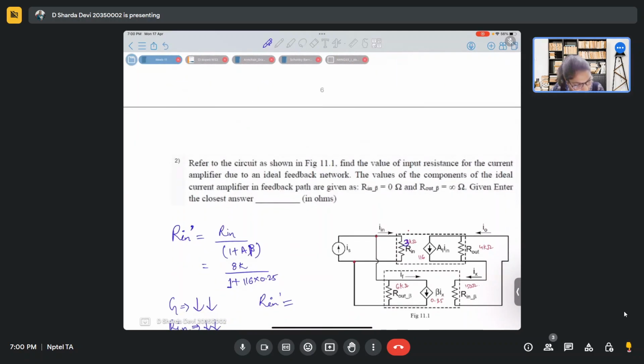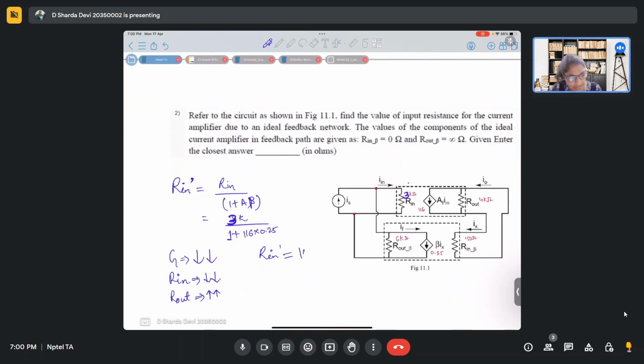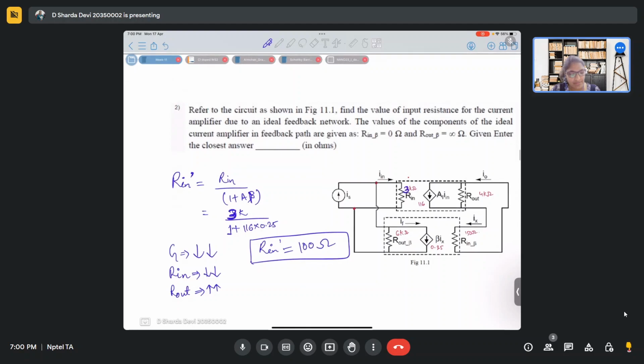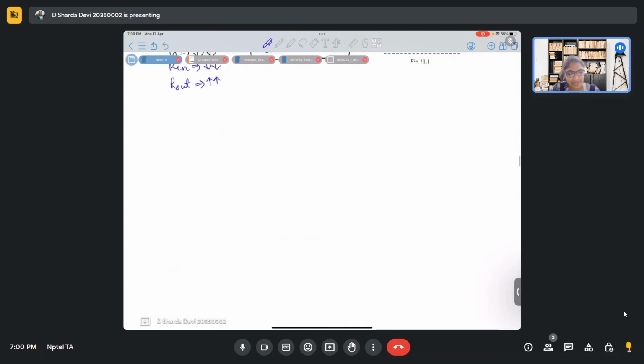It's 3. Yeah, here it is 3K. So it will reduce by that factor. So you'll actually get 100 ohms. 2.66 times it was greater, right? So reduced by 100. So Rn is actually 100 ohms.